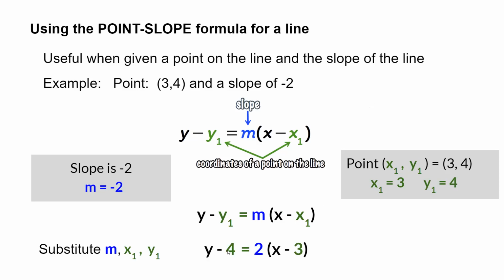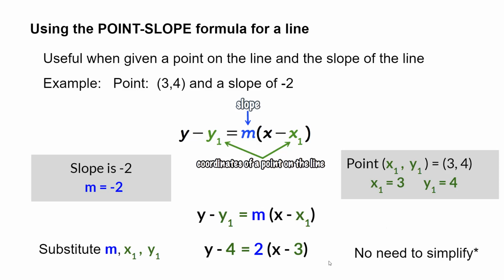Y minus 4. 4 is our Y1 value. And notice that we're subtracting these. Y minus 4. And then on the other side, we have our slope, -2, times, in parentheses, X minus 3. That was our X1 value. Now, the nice thing about problems like this is there is no need to simplify unless there's a double negative, and I'm going to cover that in our second problem example.